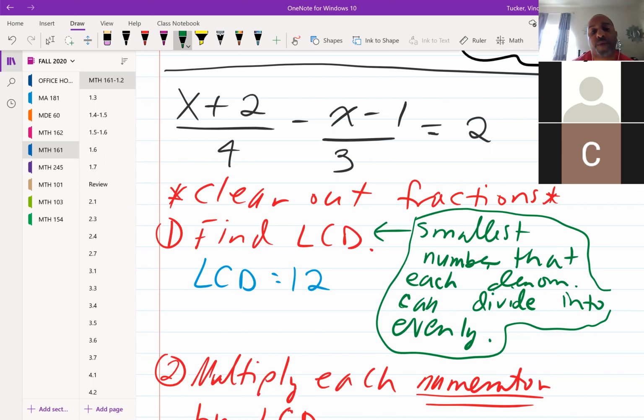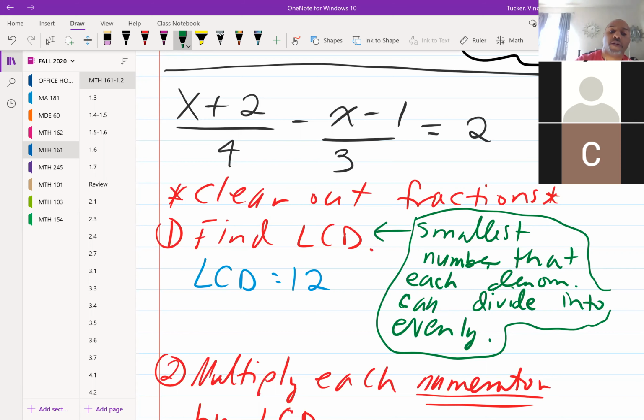We have 4 and 3. So 12 would be the smallest number that both 4 and 3 can divide into evenly. Now, if by some chance you pick a number that's larger than 12, as long as 4 and 3 can divide into it evenly, you still will be okay as far as your process is concerned. Just have a larger number to deal with. Eventually, you'll still get the same answer. But the main thing is that 4 and 3 has to be able to divide into it evenly.